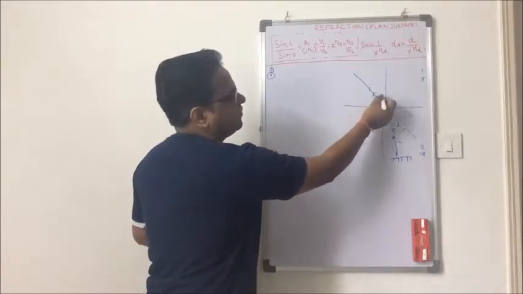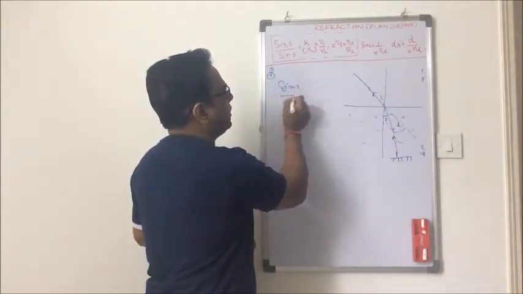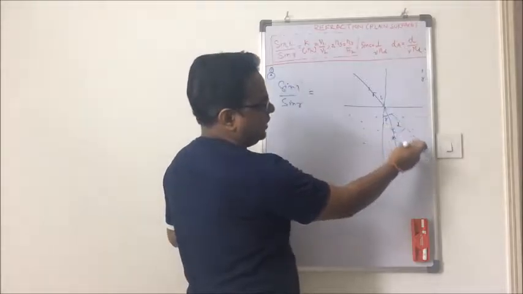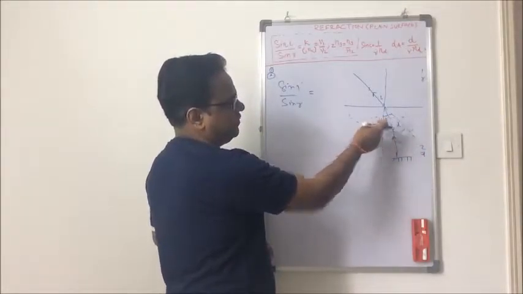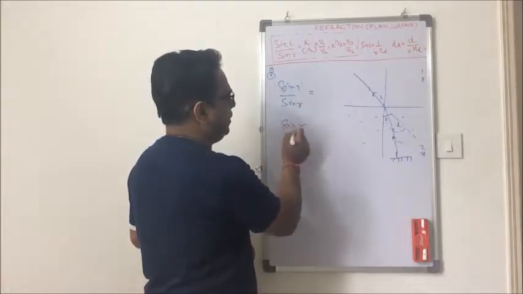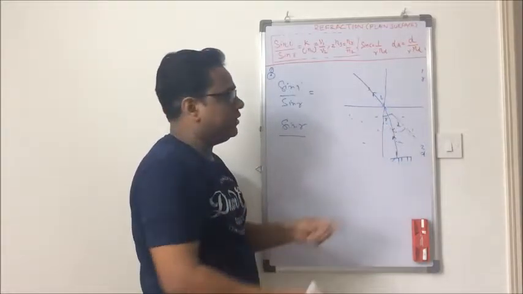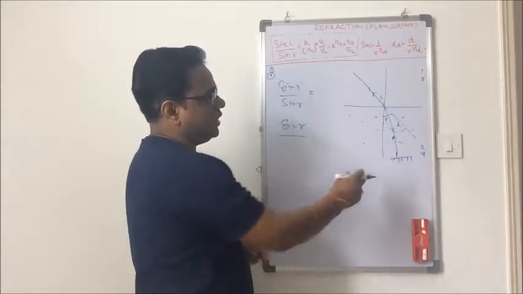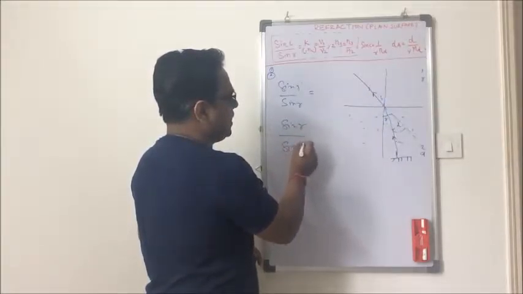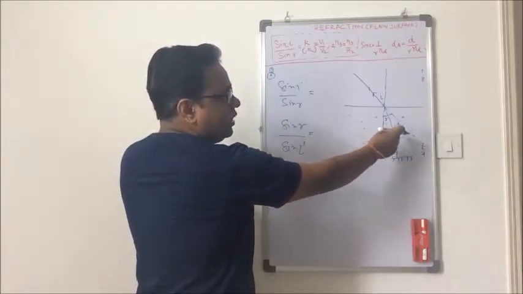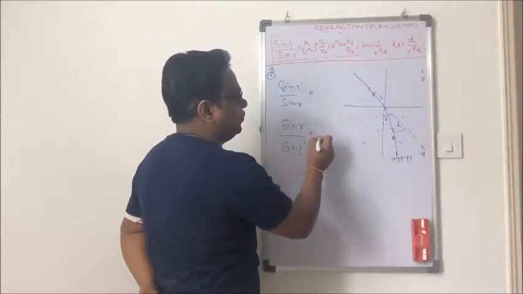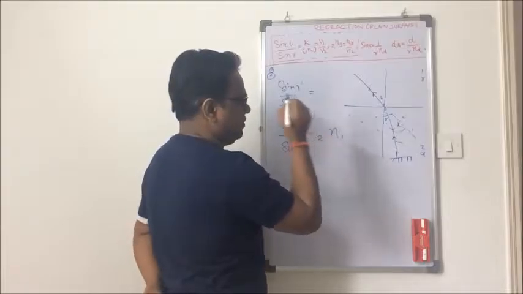Simply by, if this is sine I by sine R, then in the reverse path we have to write sine R, because R is the same. We have put a plane mirror where it reflects light back, so R would be the same, but we don't know what would be the I. So we have to prove that. I would say sine I dash, and this would be the refractive index of 1 with respect to 2, that is 2 and 1.